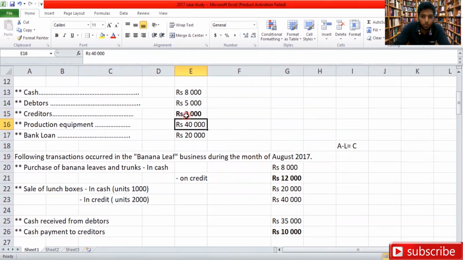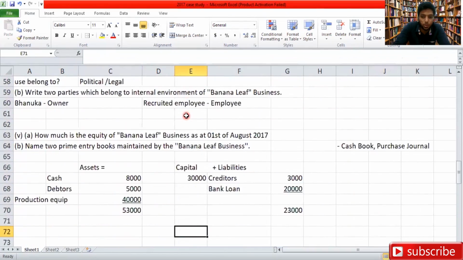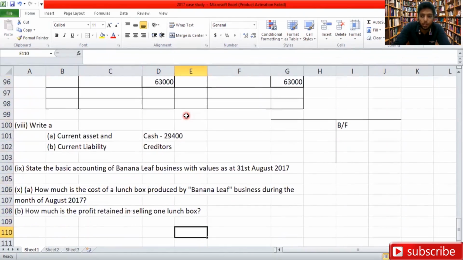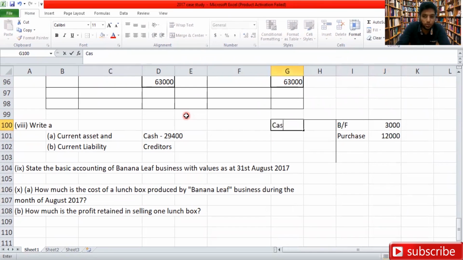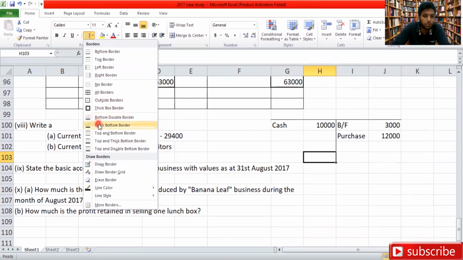So 3,000 will come on the credit side. 12,000 also will come on the credit side. I can write here brought forward 3,000, purchase 12,000. Then I had paid cash, you can write 10,000. Actual difference between these two accounts I can take here. What is the actual balance difference?